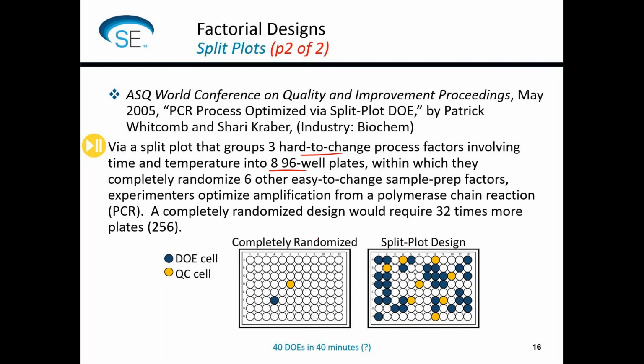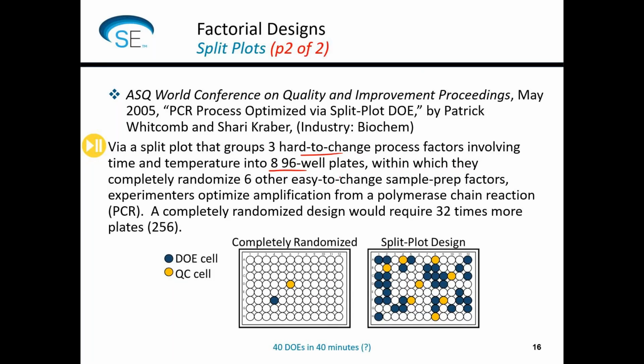Now, if they did a completely randomized plan, they would have to do one plate for every one of the 256 combinations that we have in this 1/2 fraction. But by doing it in groups, they got it done within 8 96 well plates. So divide 256 by 8.